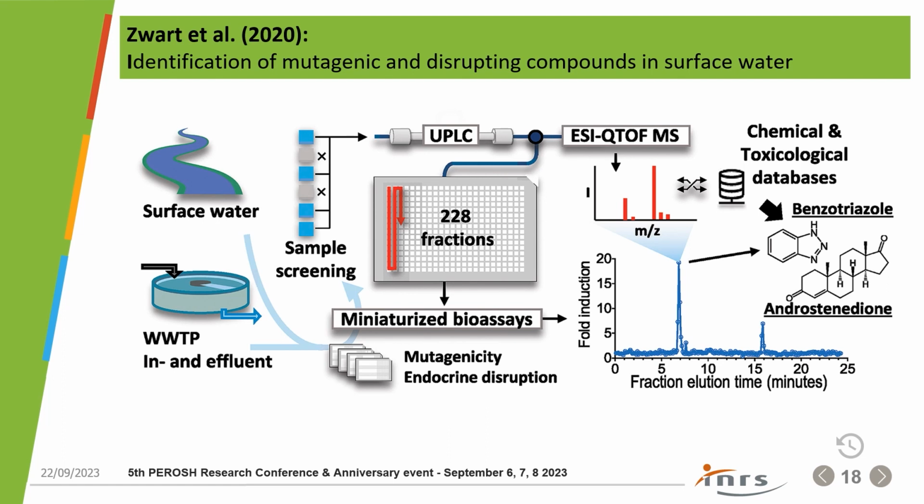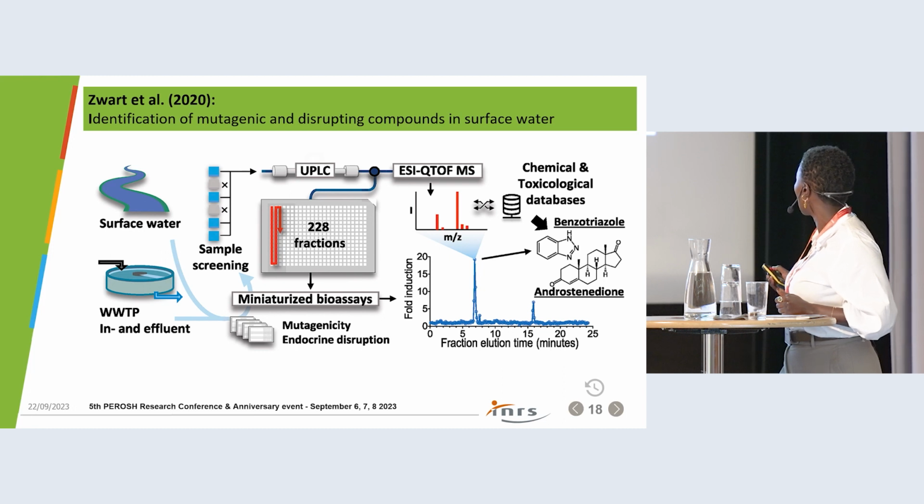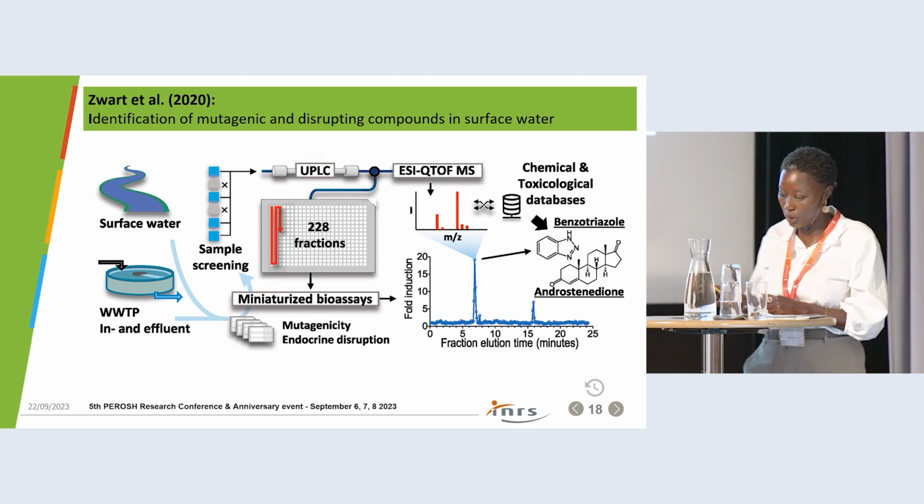In this example, the authors, Wart and colleagues, have analyzed surface water for their properties of mutagenicity and endocrine disruption, and using non-targeted screening, they managed to identify two chemicals: benzotriazole, which is responsible for the mutagenicity, and androstenedione, which is responsible for the endocrine disruption.